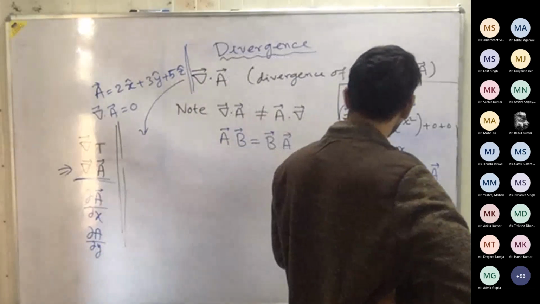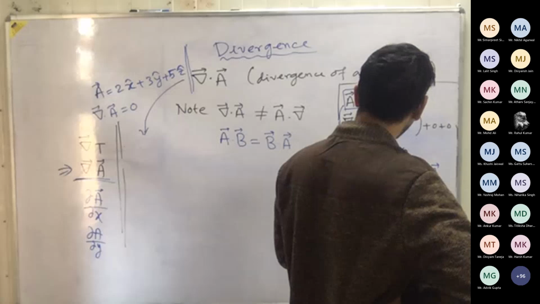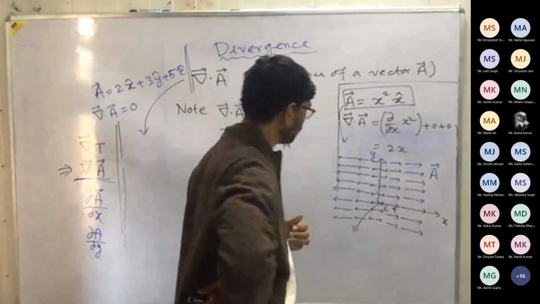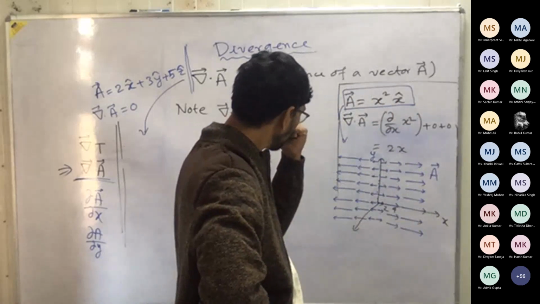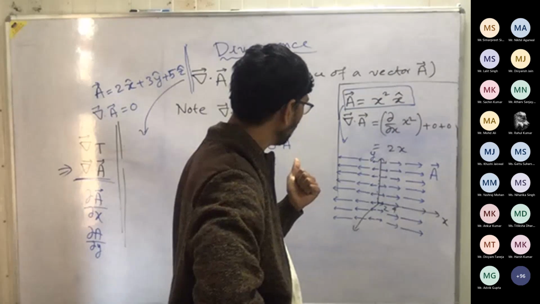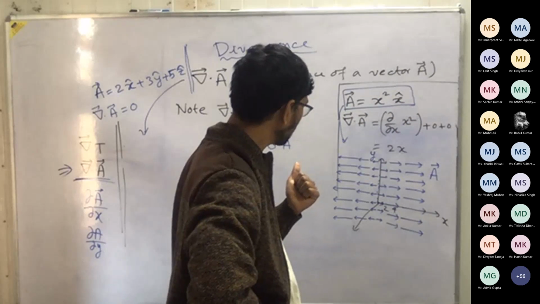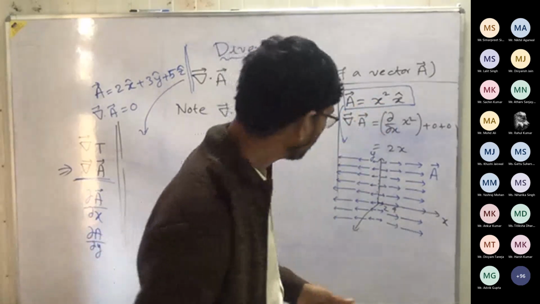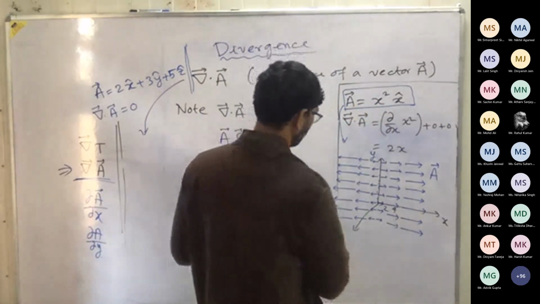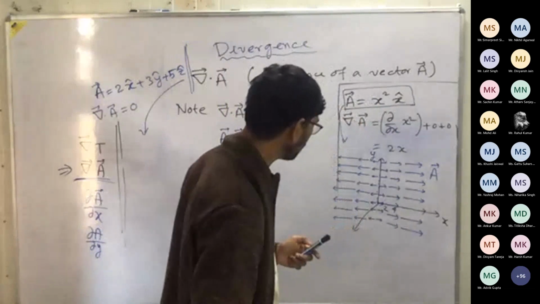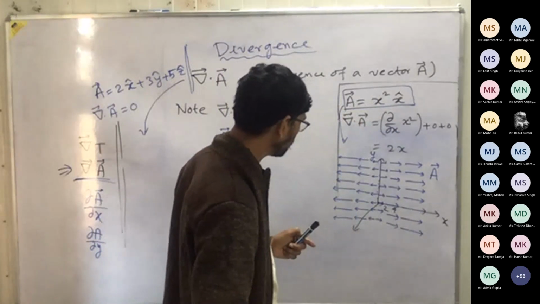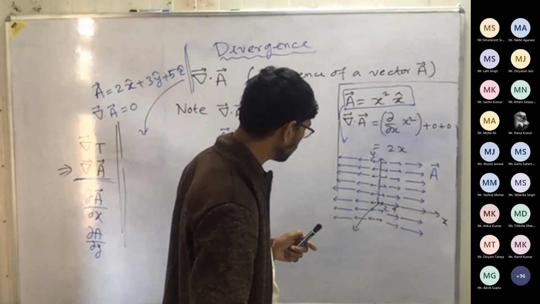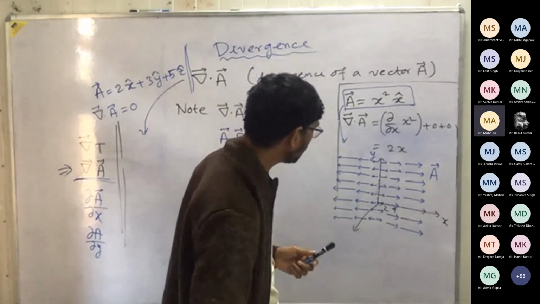Okay, I made a mistake. It is x square, so it still points in the direction of x.